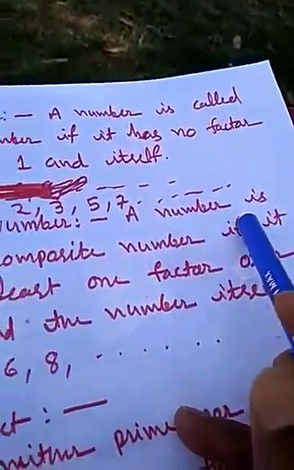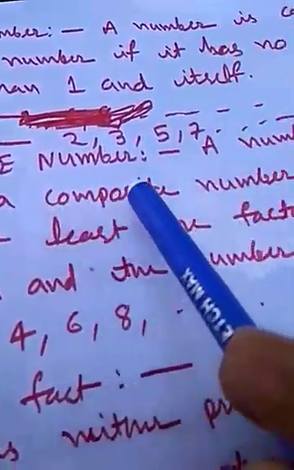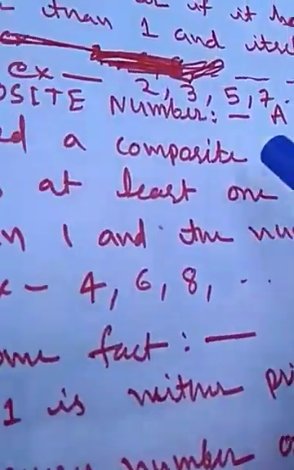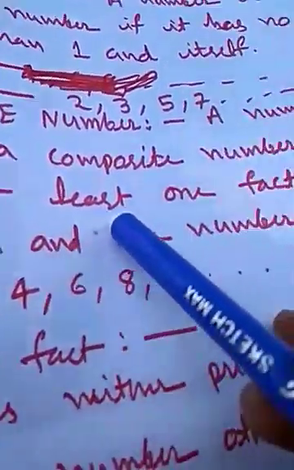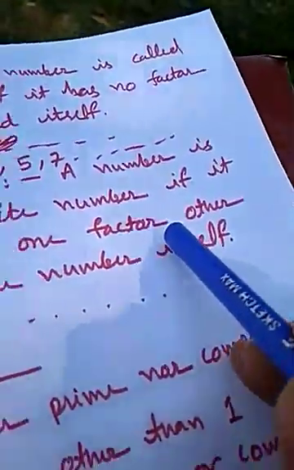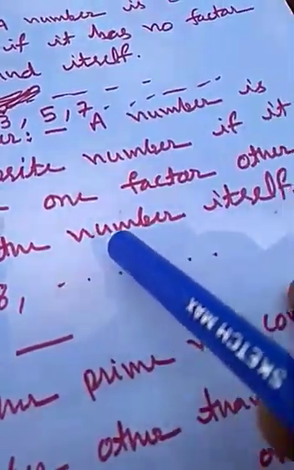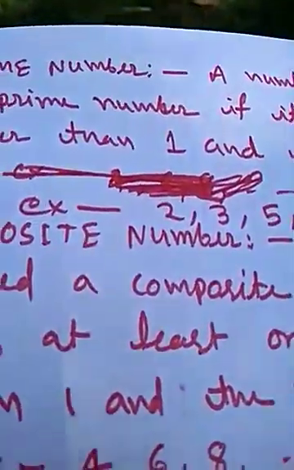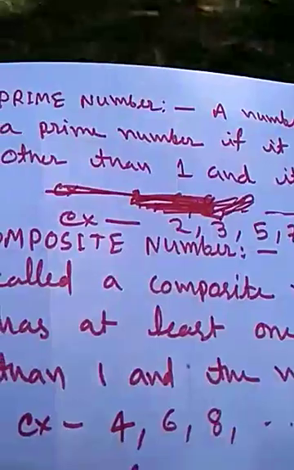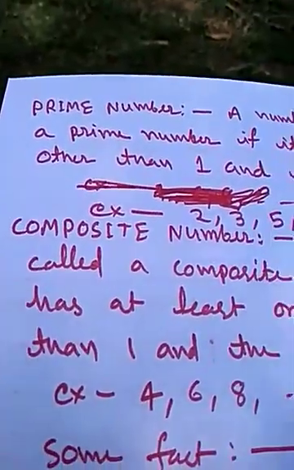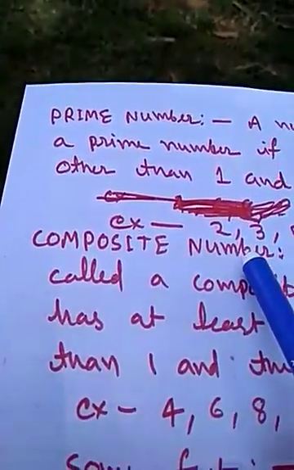Here a number is called a composite number if it has at least one factor other than 1 and the number itself. It means if any number has more than 2 factors, that is called a composite number.